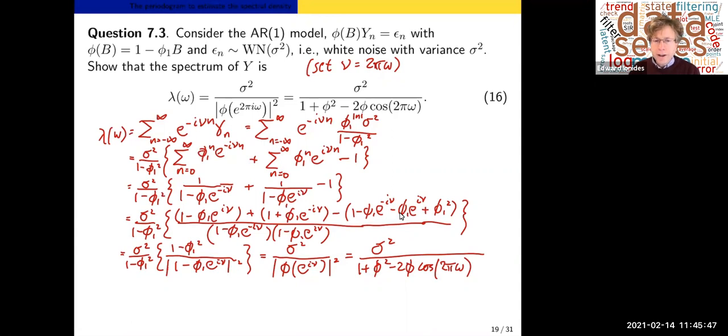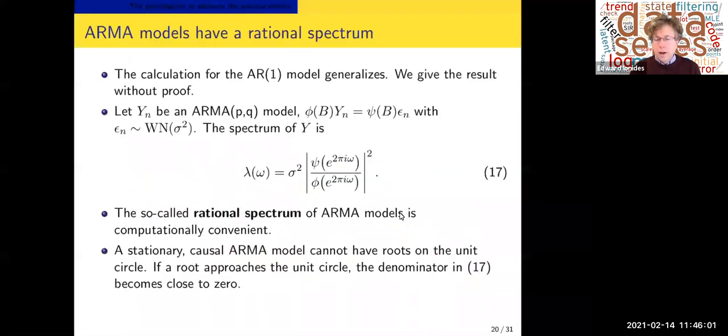The nice thing about this form, the reason I've written it like this, is because it does in fact generalize, and I'm not going to go through the full argument for that. I'm just going to write out the result, which is that if we have a general ARMA PQ model, phi of B X_n is psi of B epsilon_n, then the spectrum has this form.